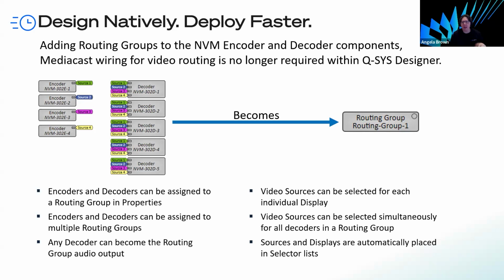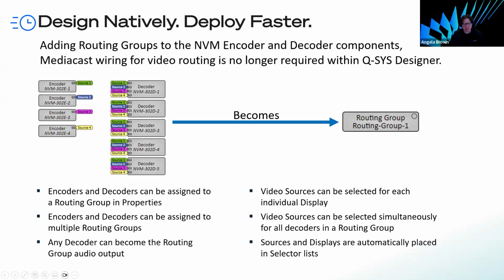You can just say, I want source 3 to be what's in the speakers in the room. You don't have to do anything more complicated than that. You can just pick what your source is for that routing group and say that routing group is those displays in room A. So giving some audio capabilities to match up with the video capabilities is also one of the functions of our routing group.